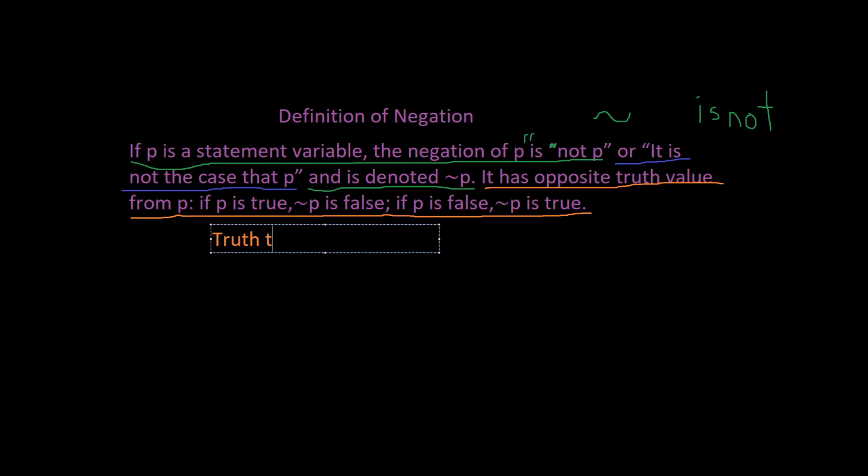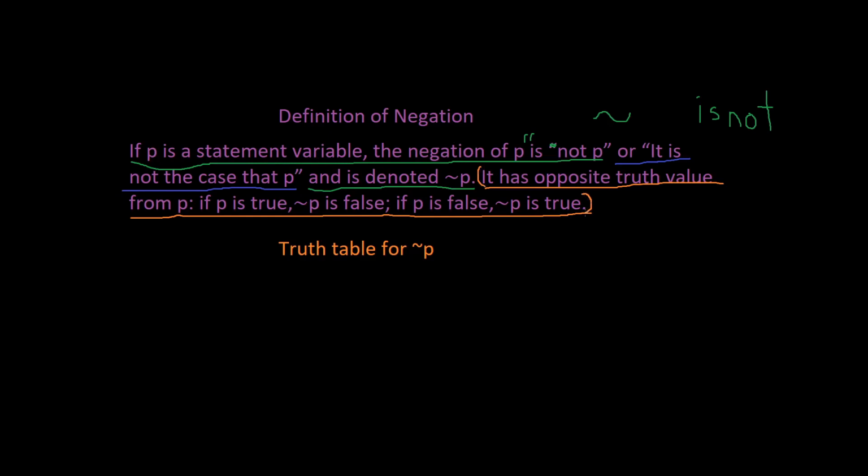So let's do that. So I'll put truth table. And when you make a truth table, you don't have to put that. I'm just putting that for the sake of showing you and explaining what it is. So we're going to have a truth table for the negation P. And so I'm going to put it in orange so you know that I'm talking about this part of our statement.